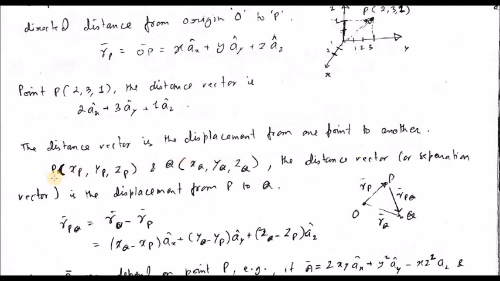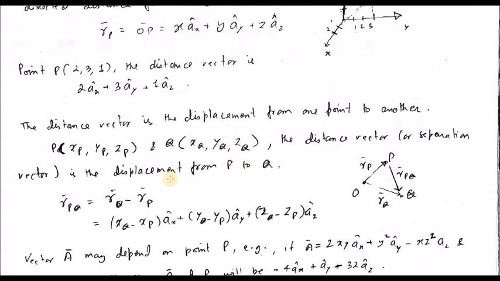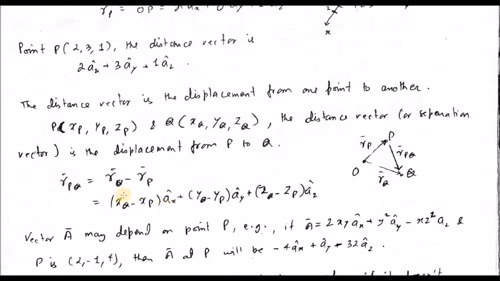This is the position vector, and the distance vector is the displacement from one point to another point. Suppose we have point P at position xp, yp, zp, and point Q at xq, yq, zq. Then the distance vector will be the displacement from P to Q, denoted by RPQ, and this RPQ will be RQ minus RP. RQ is xq, yq, zq, and RP is xp, yp, zp.